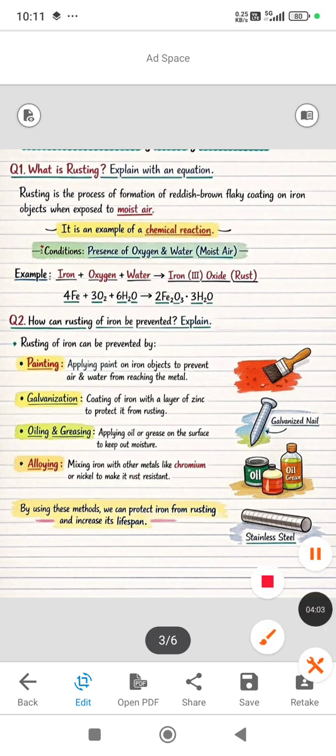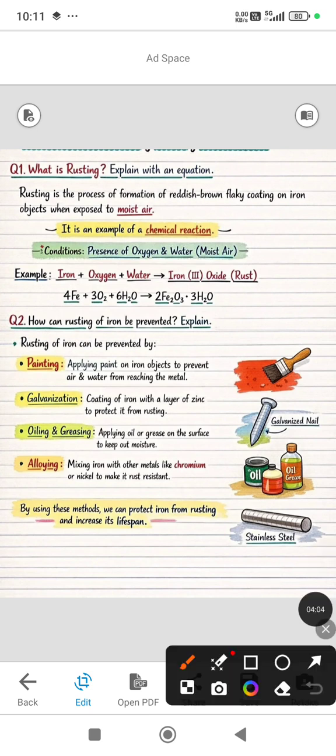Now, what is rusting? With example, rusting is a process of formation of reddish brown flaky coating on the iron object when exposed to moist air. It is an example of chemical reaction because reactant and product are different from each other.